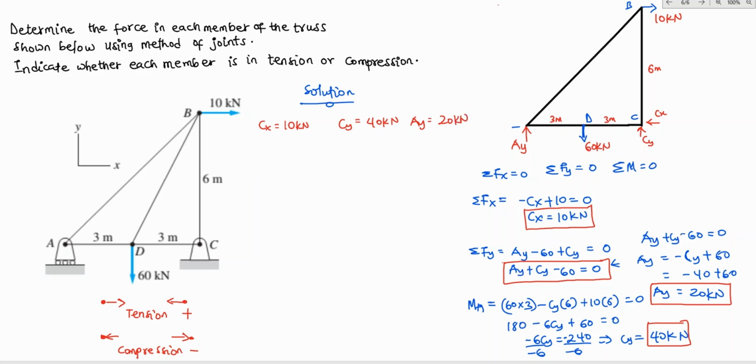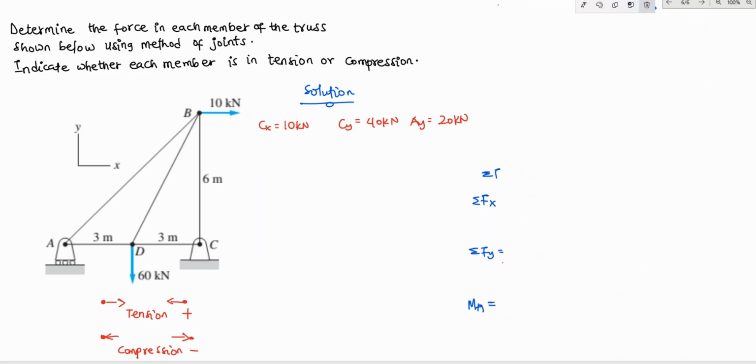Okay, let's put them down. All right, so now let me clear this part also. Okay, so now what you're going to do is consider the pin joints separately and look at the forces acting on them.